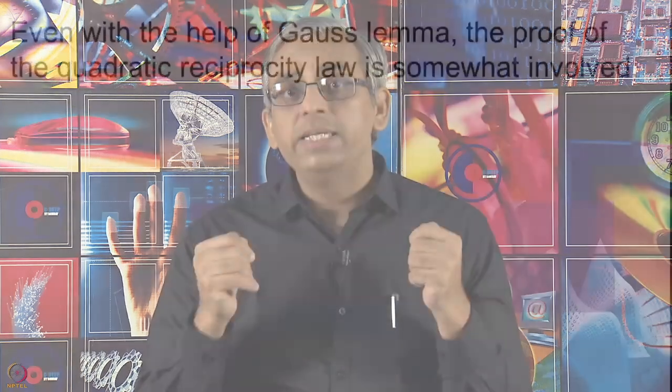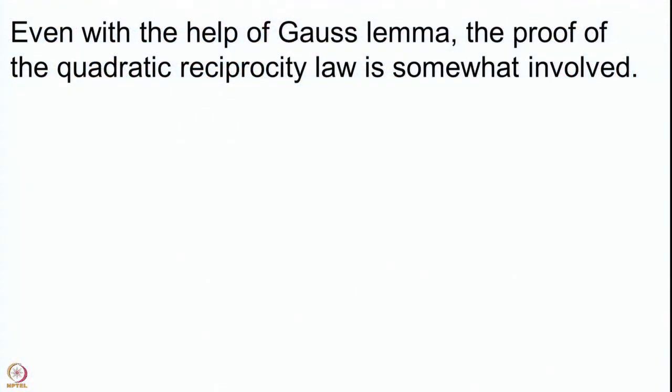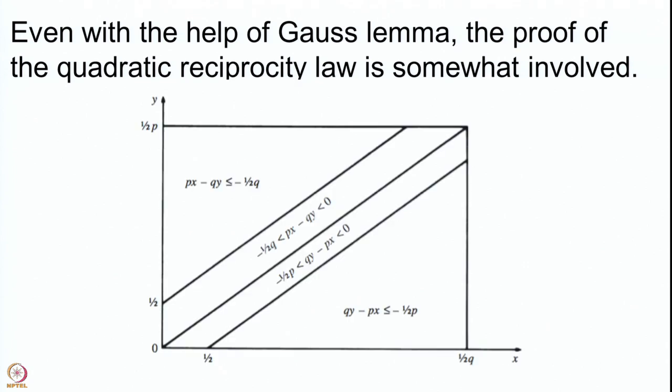So, here the trick is to look at one particular rectangle in R2 and to look at lattice points in this rectangle. So, the rectangle is this rectangle, it has 4 end points, this is the point 0 0, here your x coordinate is 1 by 2 q, so this is nothing but (q by 2, 0).